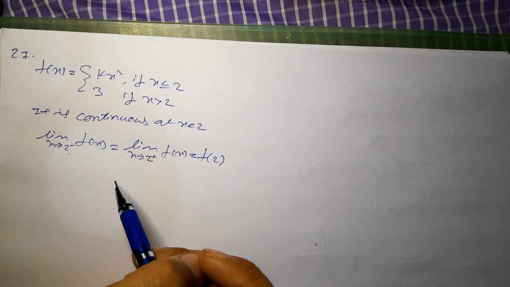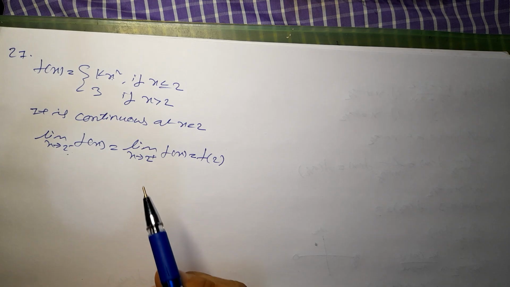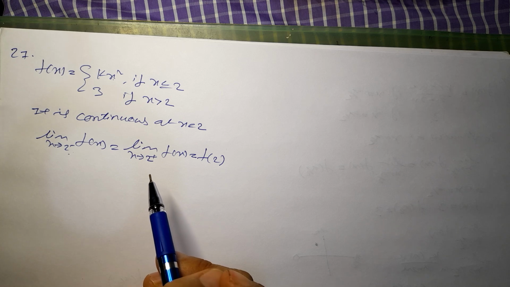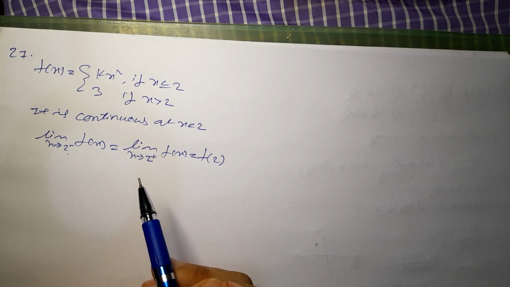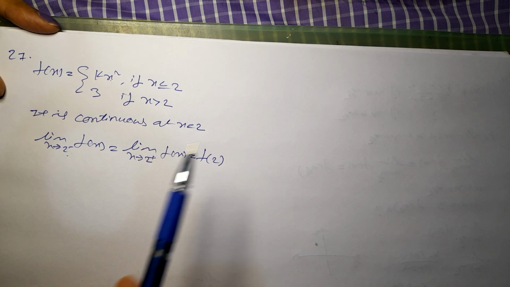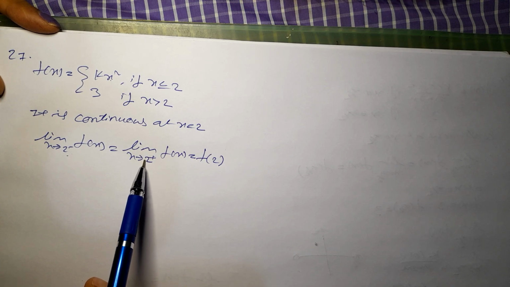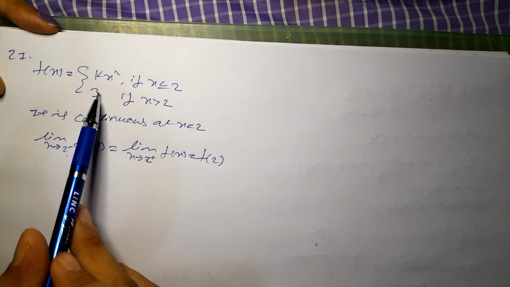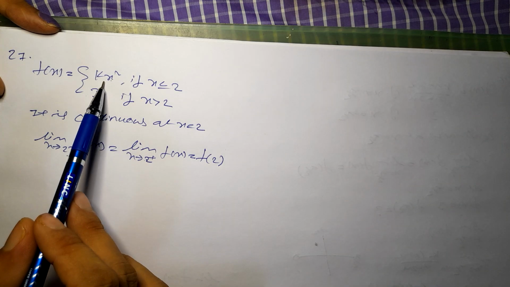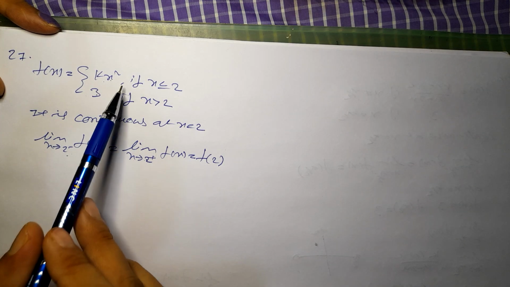According to the function we have to choose wisely which limit to find, so that you will get the answer quickly. So here we have the function, this is the right hand limit. When it's a right hand limit, the function will be this one, 3, a constant. When it's a left hand limit we will get this one, and f of 2 also we are going to get this one.